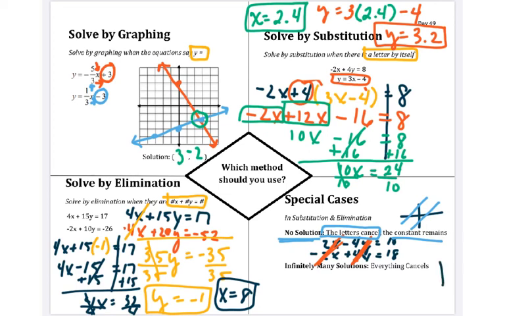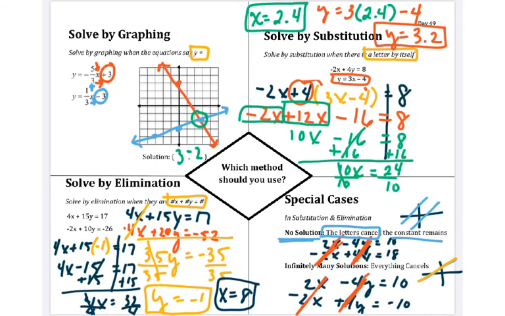Now, infinitely many solutions means that you graph a line, and then your second line is right on top of that first line. So what would happen algebraically is this would look like this. Okay, 2x's minus 2x's, goodbye, that cancels.